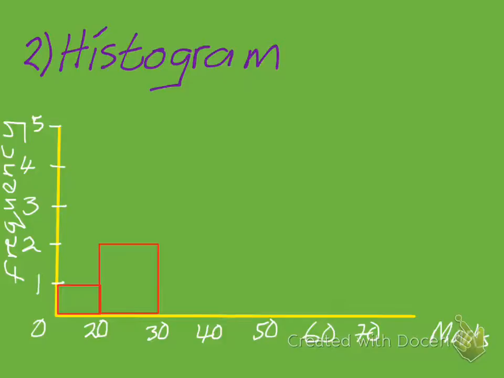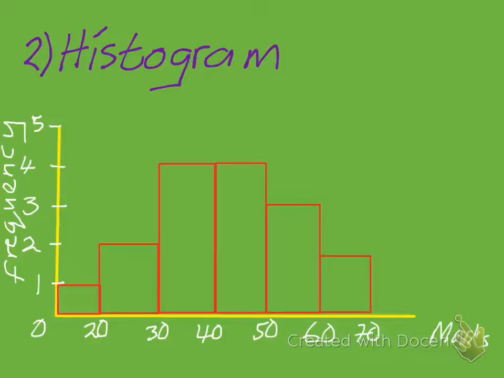From 30 to 40 is 4 people. The amount of people from 40 to 50 is still 4. From 50 to 60 is 3, and from 60 to 70 is 2. Okay, you see, this is a representation of a histogram.